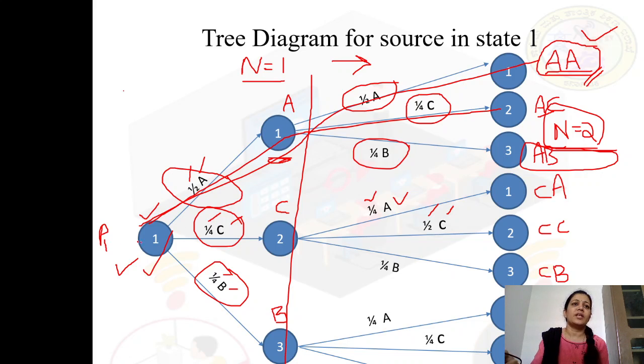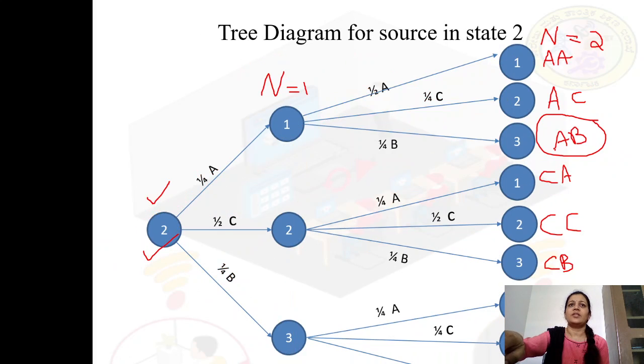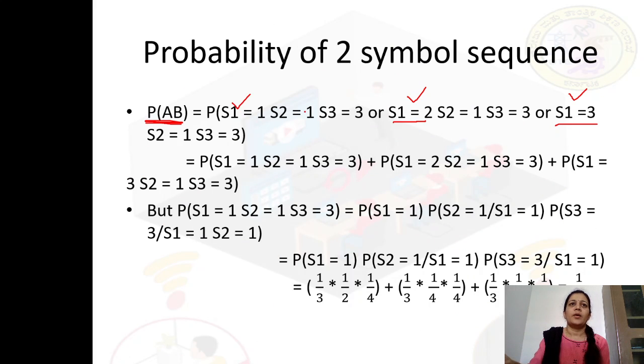Here you can observe that the initial state is 1, next state is also 1, and third state is 3. So it is 1, 1, 3 for the sequence AB. So state 1 is 1, state 2 is 1, and state 3 is 3. So it is nothing but 1, 1, 3, right? So this is one possibility.